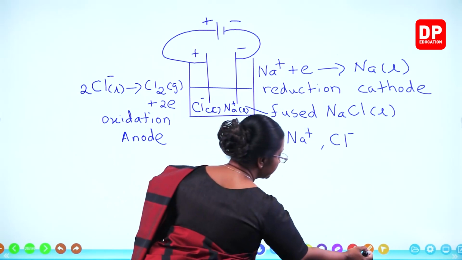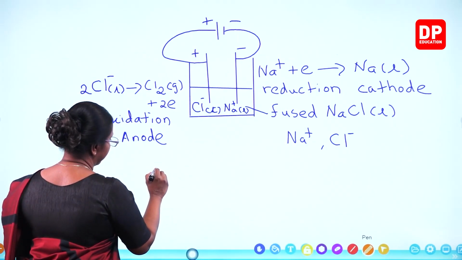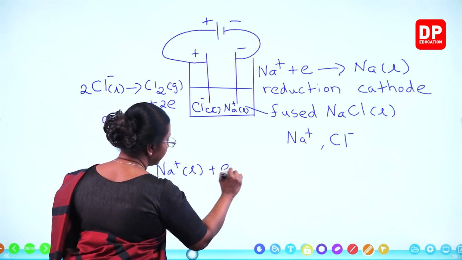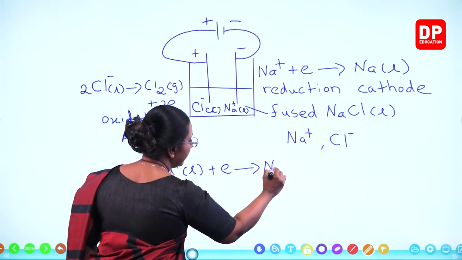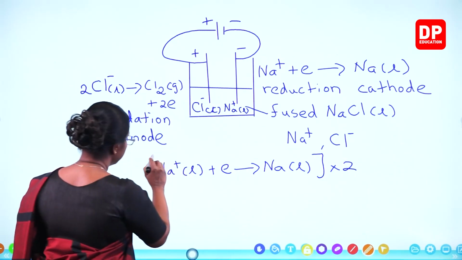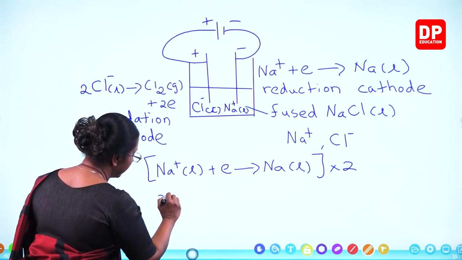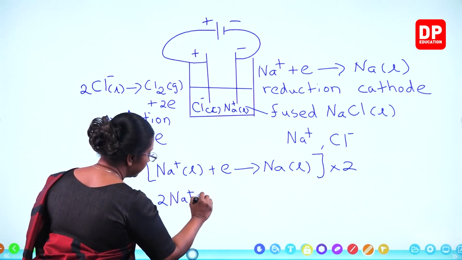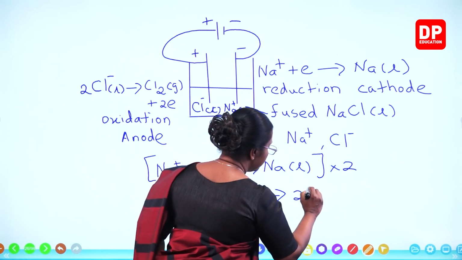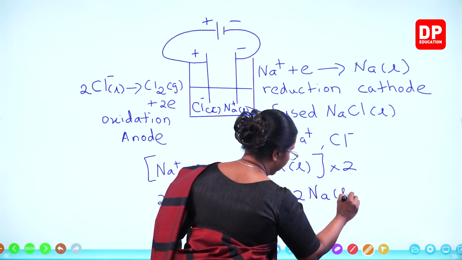Now you can remember, students, when we multiply Na+ (liquid) plus electron giving Na (liquid) by 2, what happens? We get 2Na+ plus 2 electrons giving 2Na (liquid).